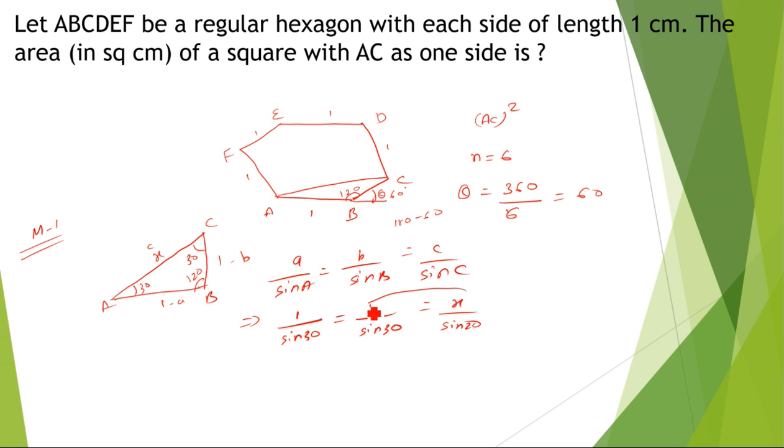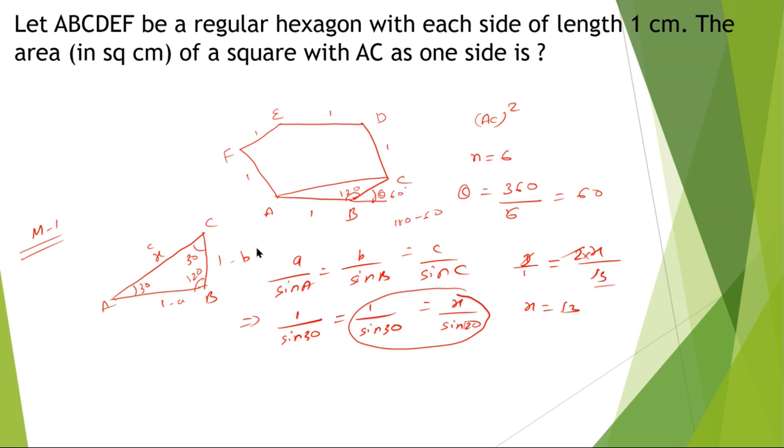So by equating these, we'll get the x value. How? Sine 30 is 1 by 2. So 1 by 1 by 2, so 2 will come up in the numerator, is equal to x by sine 120, which is root 3 by 2. So the 2 gets cancelled, so x is equal to root 3.